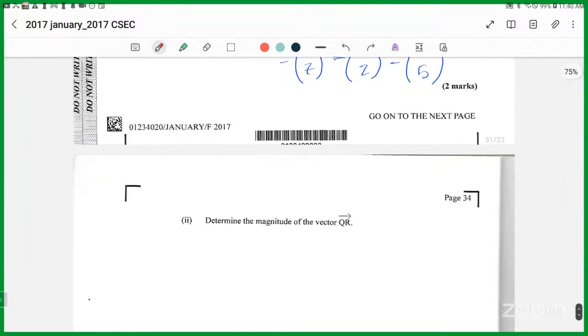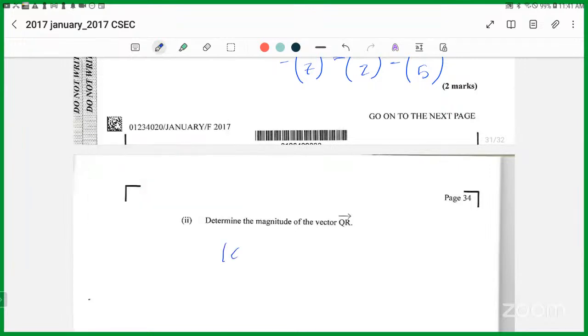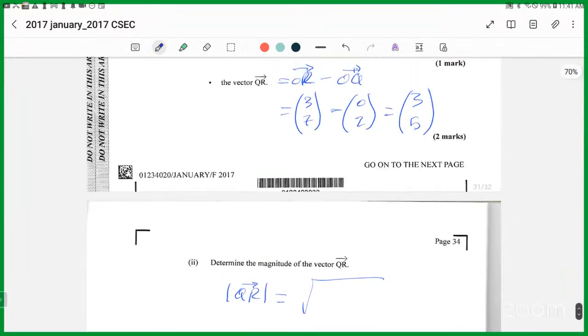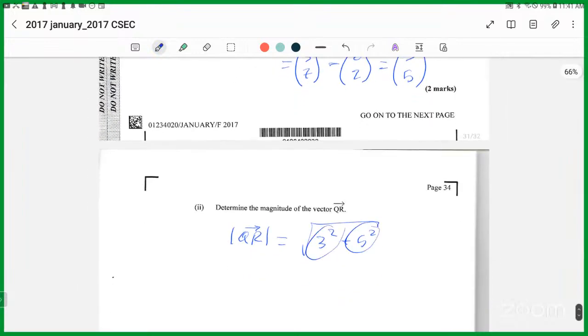Next part, what's the magnitude of QR, which is the length of the line. Use the formula method where the modulus of QR, magnitude, length, and modulus are the same. It becomes the square root of this value squared plus this value squared. That's 3 squared plus 5 squared, which is 9 plus 25, that's 34 units.